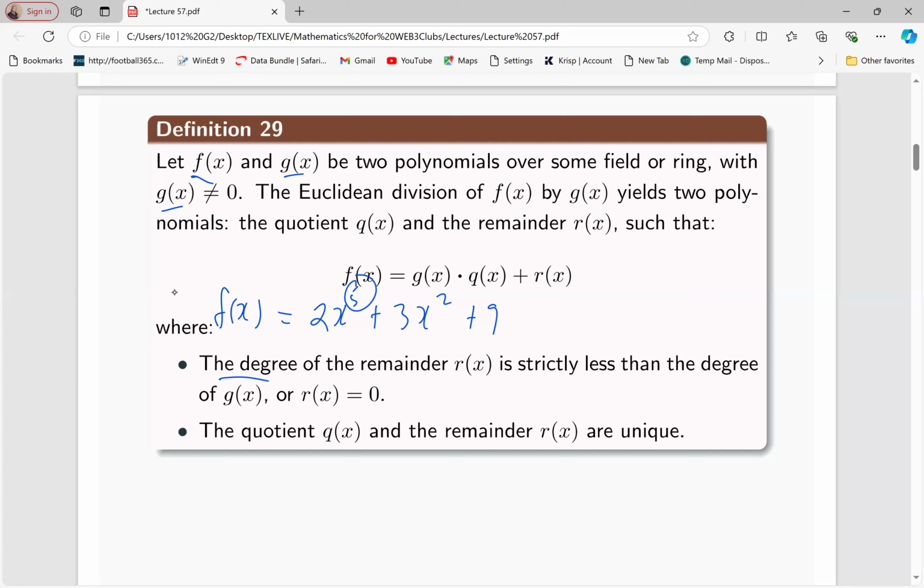Once you've gotten the quotient and then the remainder, you only stop if the degree of the remainder is smaller than the degree of the divisor. So if the degree of the remainder is less than the degree of the divisor, then you stop the division.